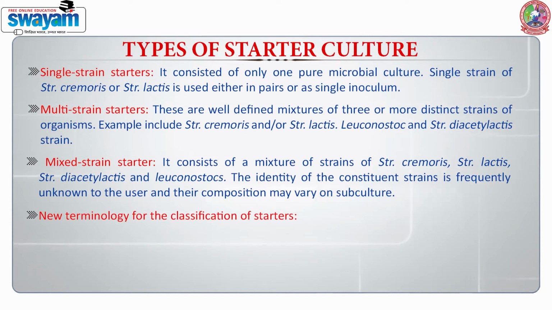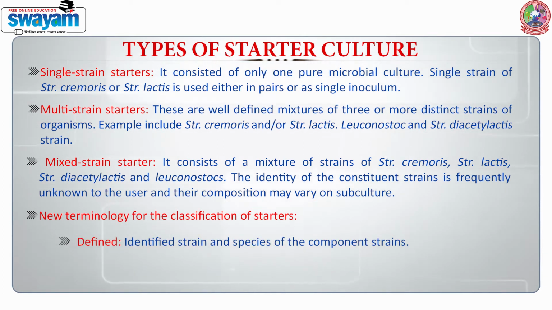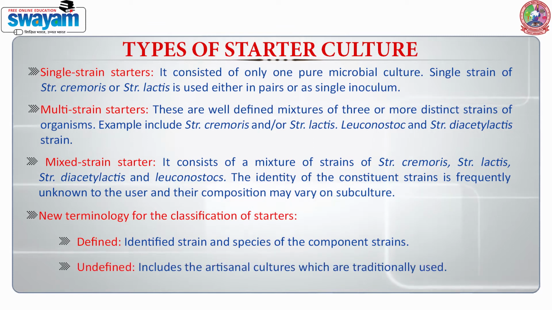And a new terminology for the classification of starters has been coined. First, defined starter cultures, which include identified strains and species of the component strain. Second, undefined. These include artisanal cultures which are traditionally used.